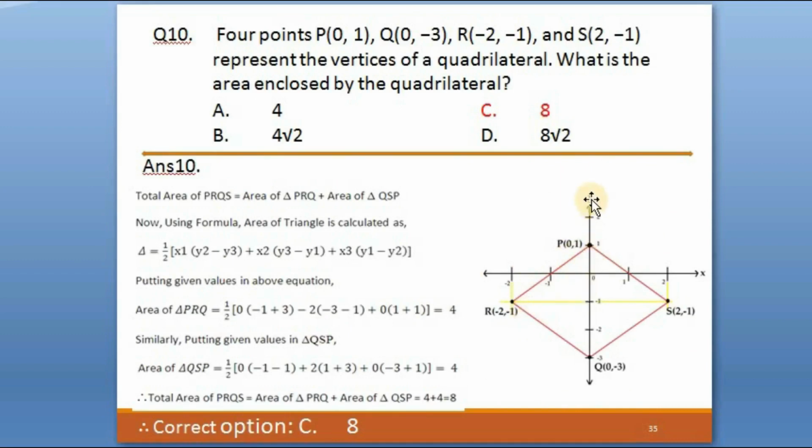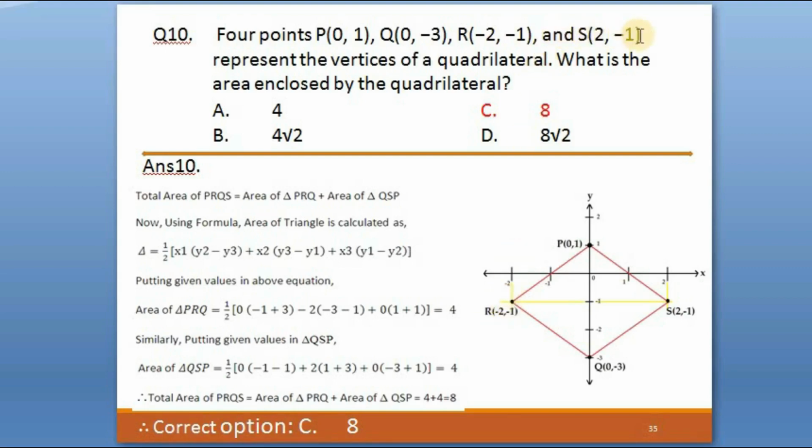P is given as (0, 1), so we will mark a circle here. Q is (0, -3), we will mark here. R is (-2, -1), and S is (2, -1), here.